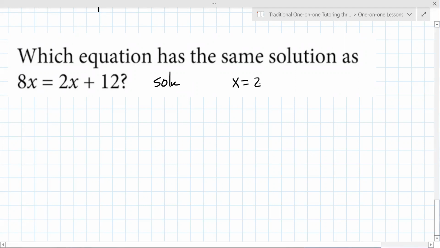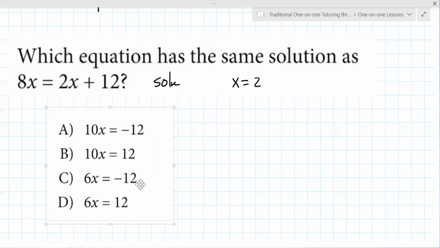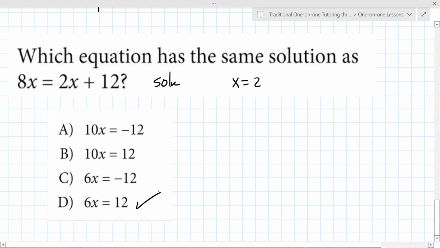Very good. That is completely correct. Now we're going to look at the answers. You're going to have to solve each of these equations or look at one of them and tell me which one also is X equals 2. Yes, one of these answers is also X equals 2. D. It is D. Very good.